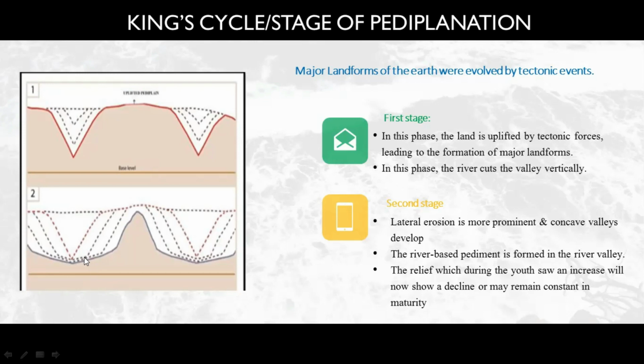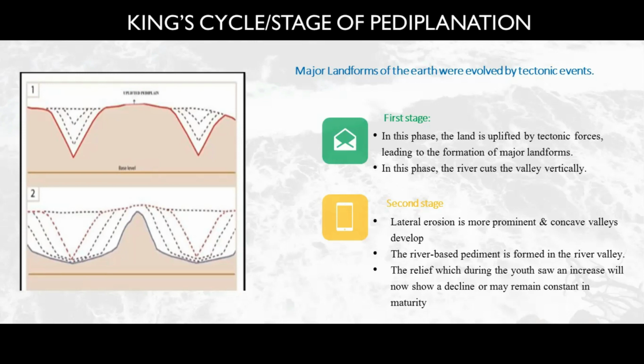Or in another way, you can say that the pediment is increasing. This is the pediment area. See, the pediments are increasing. Earlier it was this, now it is this, now it has become this. So the pediments are increasing because of lateral erosion of the river.